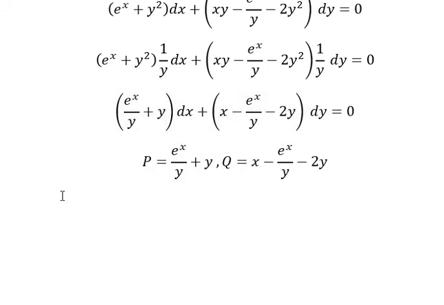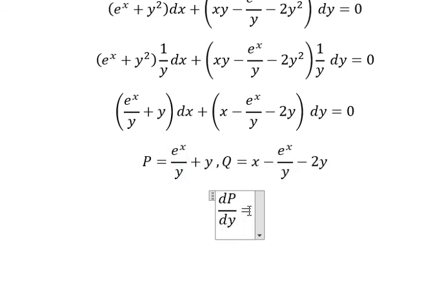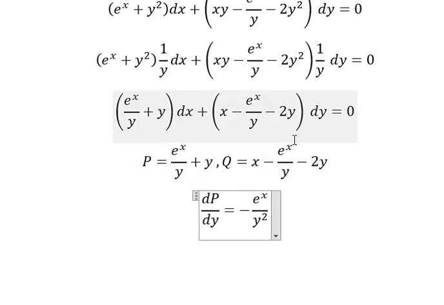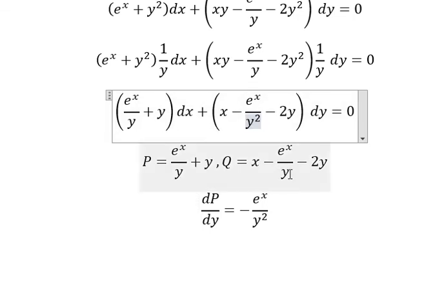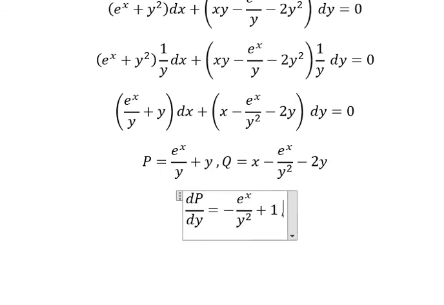That means we need to do first the derivative of b with respect to y. So if we do first the derivative, this one in here, we have negative e to the power of s over y square. I forget y square in here. Next, we do first the derivative of y, we have number 1.